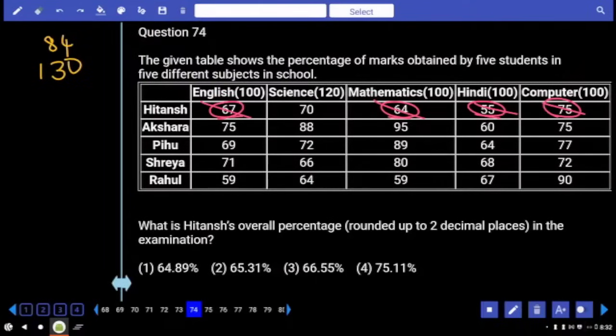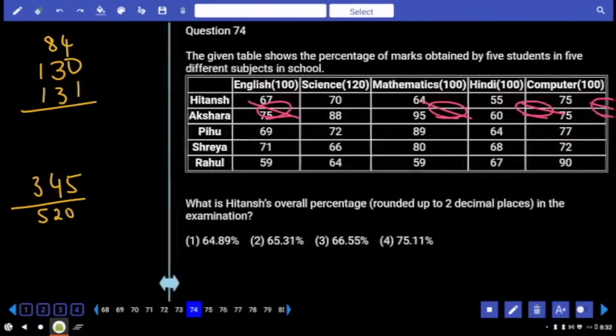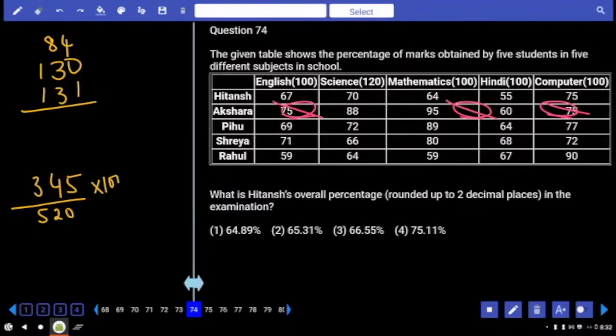67, 64, 131. Total number of marks scored, 5, 4, 3, out of 520 percentage into 100. Look at options, somewhere around 65, 75.